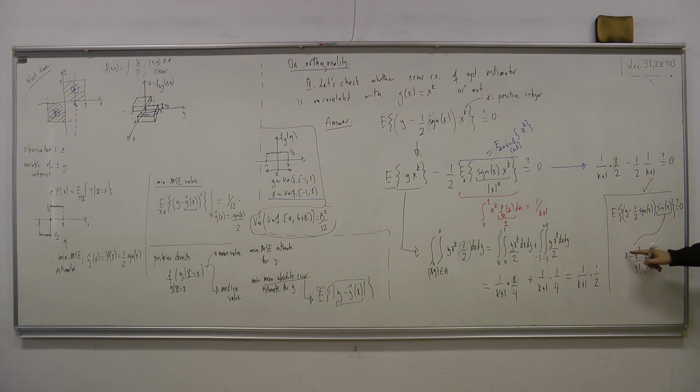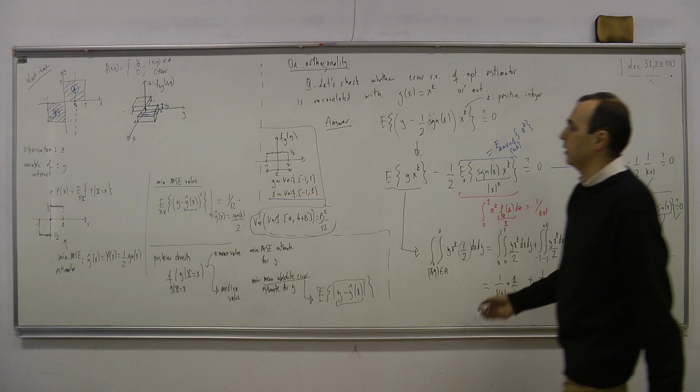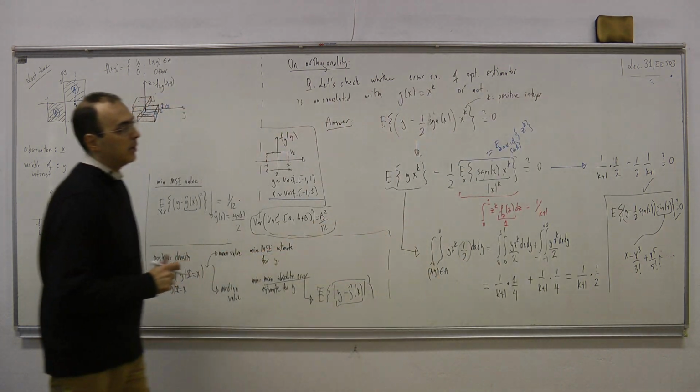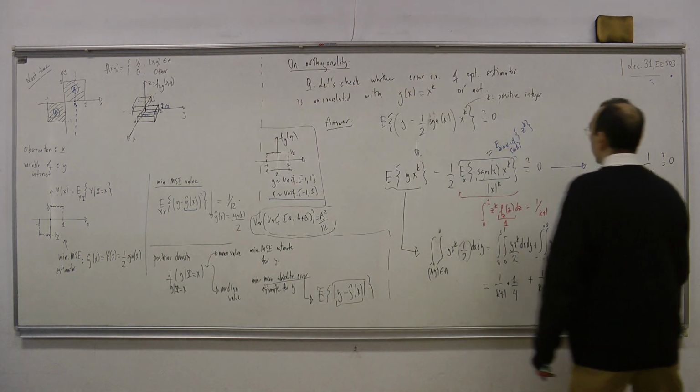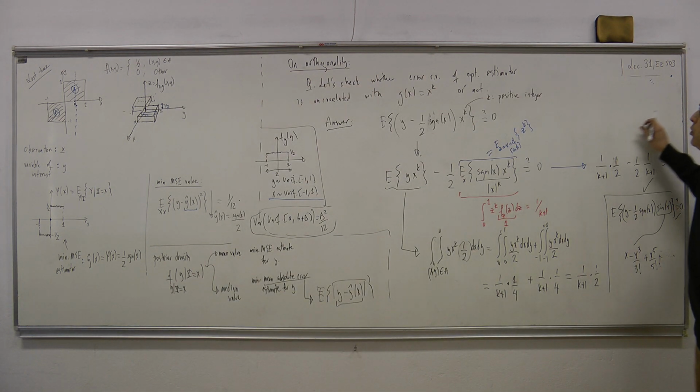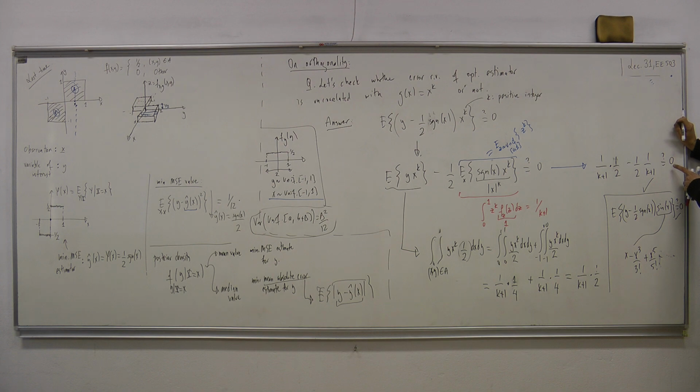But for every term, there is x to the power k. So all of them are equal to 0 after taking the expectation. So this is true. If you write tangent x, it is true. If you write logarithm of magnitude of x and so on, whatever you write, it turns out to be true. And of course, this is not a proof, but this is an illustration that uncorrelatedness is the case for this g of x function. Okay.